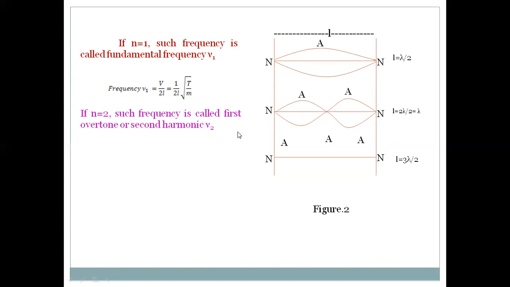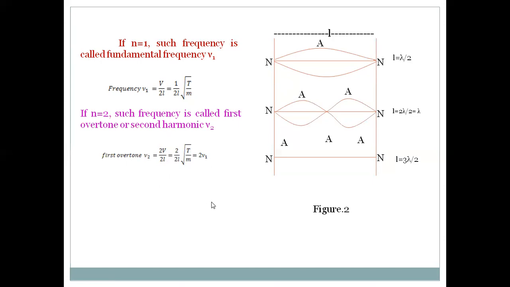So for these 2 loops, the frequency nu2 is equal to 2v by 2l, that is 2 by 2l into square root of T by m. But we know 1 by 2l into square root of T by m is nu1. So nu2 is equal to 2 nu1. This is called the first overtone.